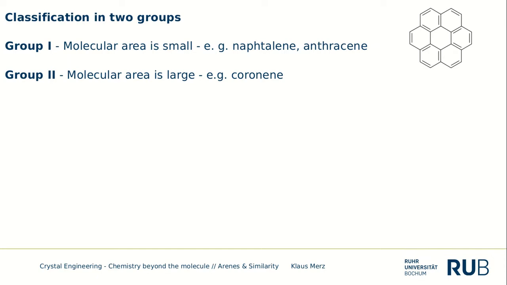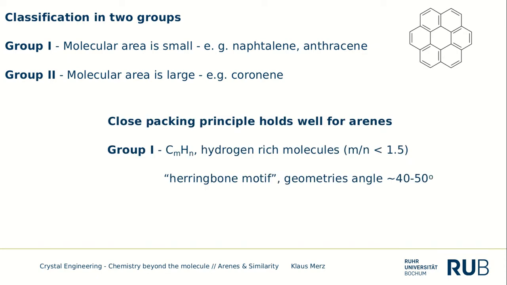Well, have a look. First group, I said, molecular area small. And what he saw is, have a look at the ratio of the hydrogen and carbon. If you have a ratio C/H below 1.5, these are the small molecules, then you will find herringbone motif geometry angles.